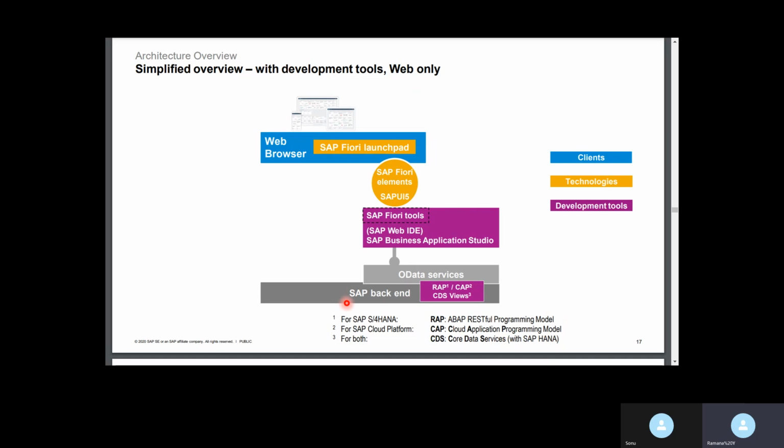There are different technologies and tools being made available, just like we have the UI5 framework for building UI5 apps. Similarly, they are trying to create multiple channels for consuming the underlying data. So these are the approaches: using RESTful Application Programming you can create OData services, and using Cloud Application Programming we can also create OData services.